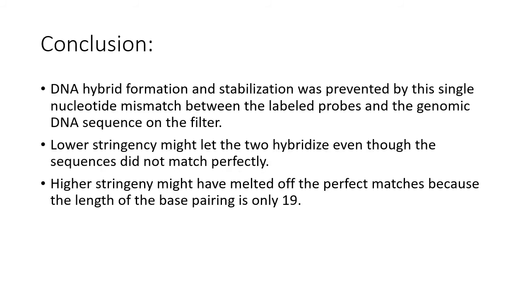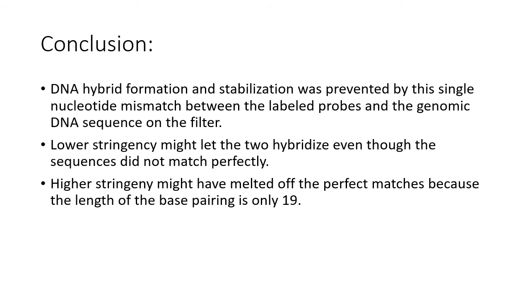Okay, so putting this in the context of hybrid formation, we can see that the hybrid formation and stabilization was prevented by that single nucleotide mismatch. So by simply hybridizing these little oligos to the DNA of the different people, we could tell what their genotype was. Now, think about what would have happened if this weren't done perfectly.